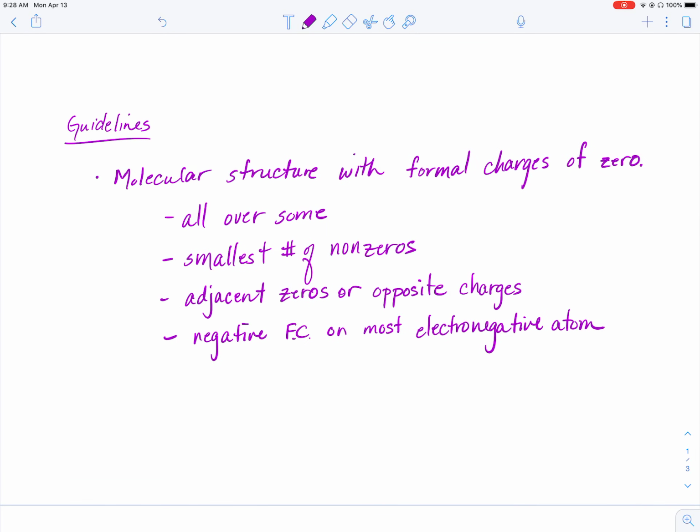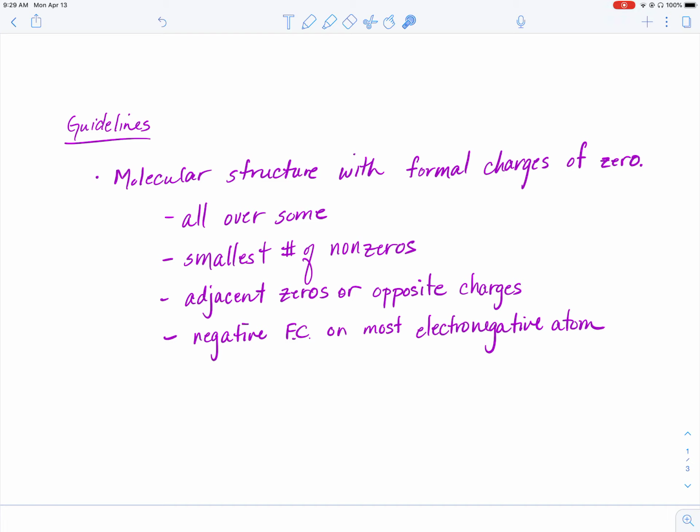So what are those guidelines that I was talking about? The guidelines for when you're drawing a structure are pretty useful, but you also get used to using them as you're practicing using formal charge to predict a molecule structure.